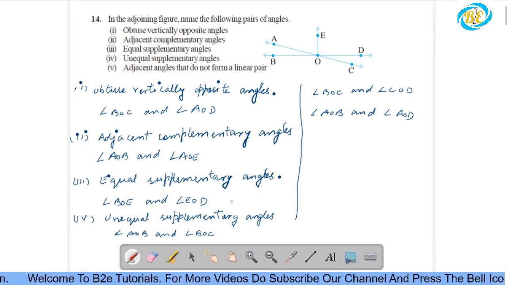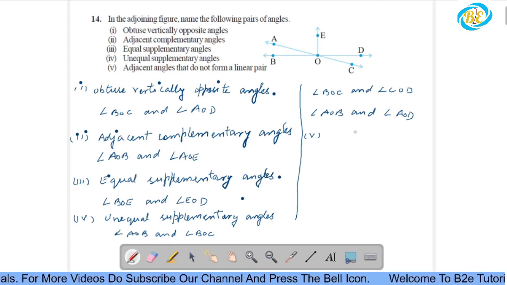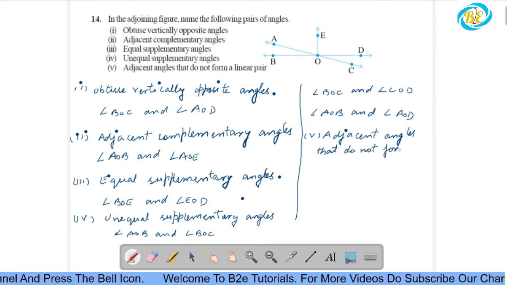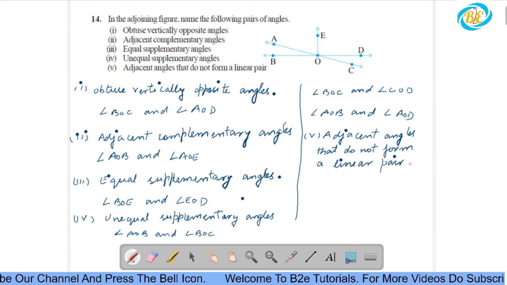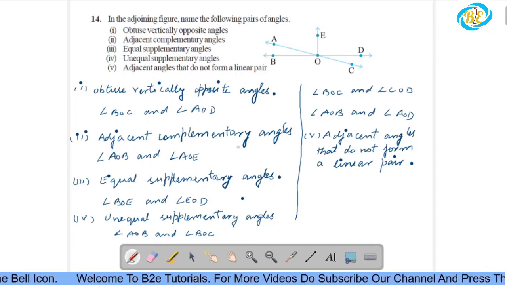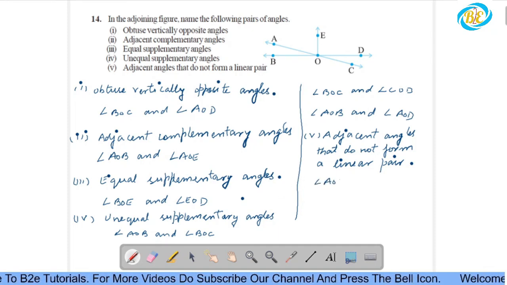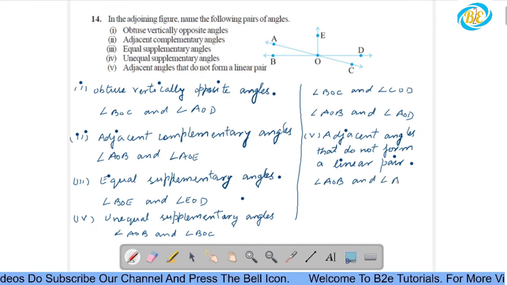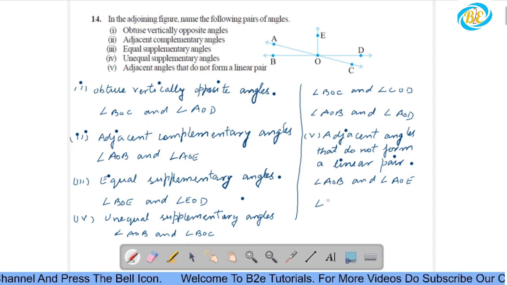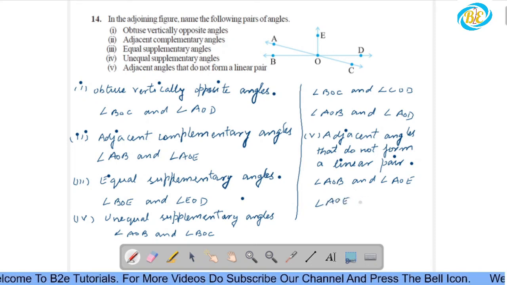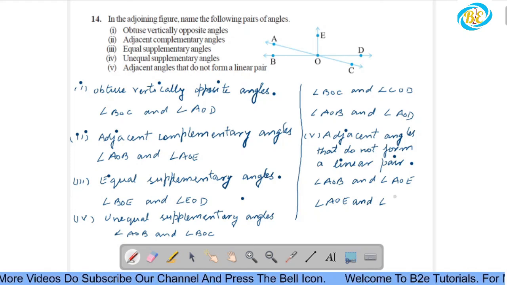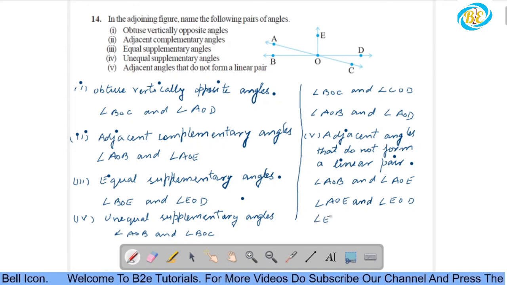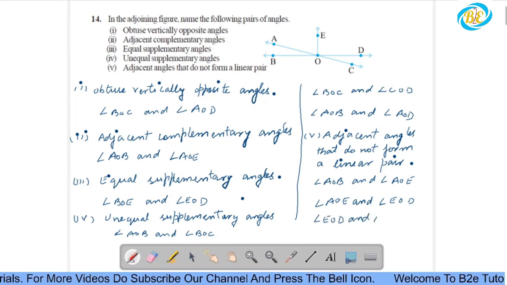Now come to fifth part, adjacent angles that do not form a linear pair. Your answer is angle AOB and angle AOE, angle AOE and angle EOD, angle EOD and angle COD.